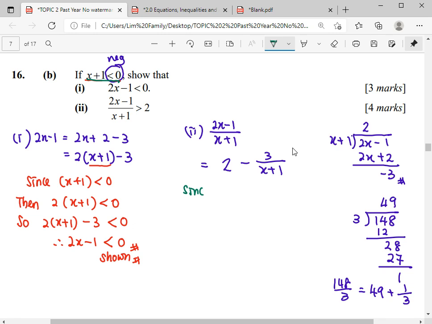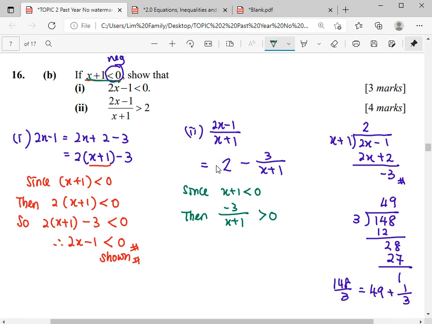So since x plus 1 is always negative, when negative 3 is divided by x plus 1, what will we get? When negative is divided by negative, for sure we will get positive.